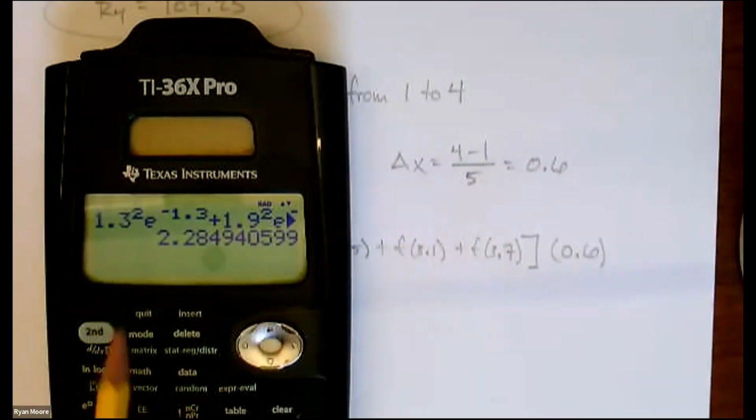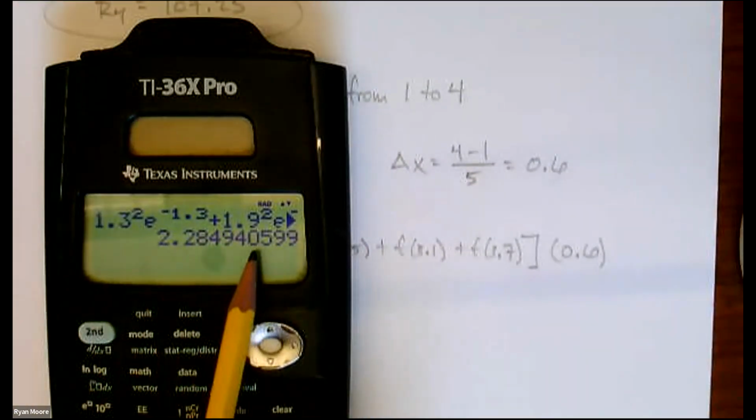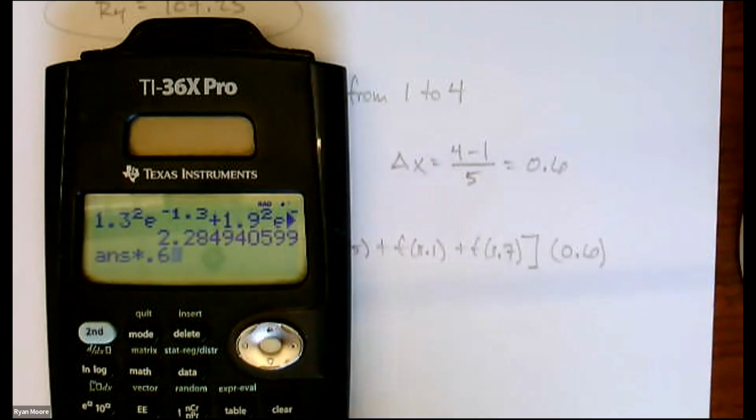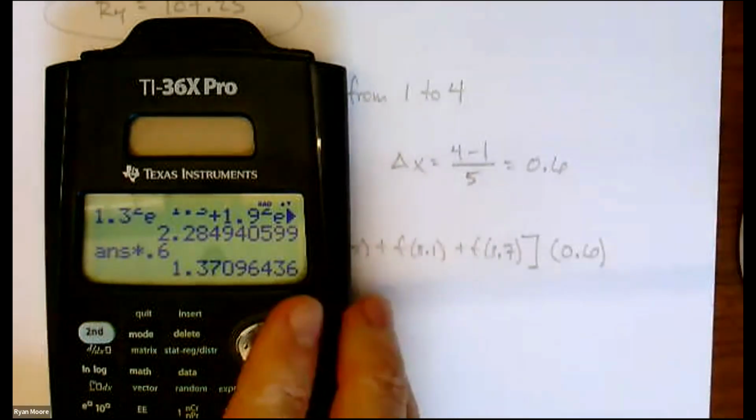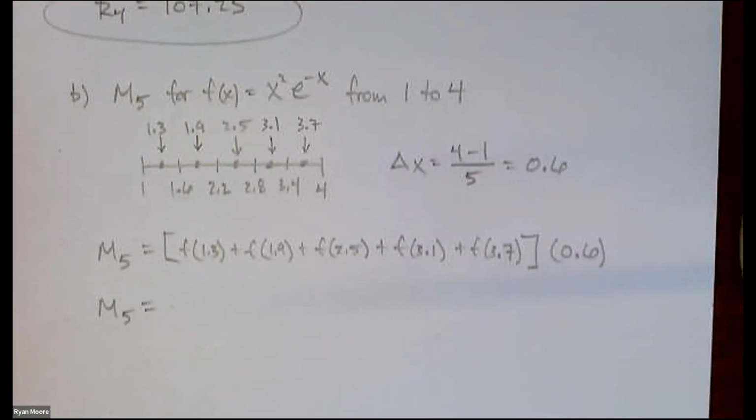That's what I got for all those heights. I'm not going to write that down. Let's just multiply by 0.6. And I don't think that's correct. I think I messed up somewhere.